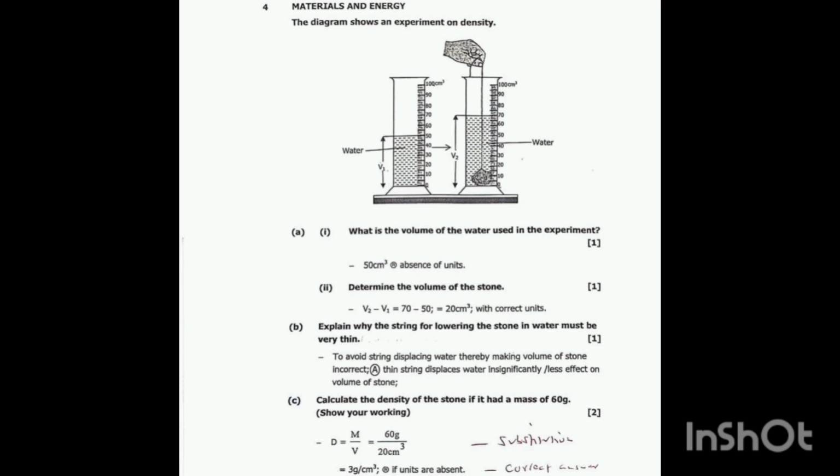For the formula and substitution you get 1, and then the correct answer with correct units, you get also 1 mark. That gives us 2 marks. So take note: you write the correct formula, then you substitute nicely, and for the answer you also include the correct units.